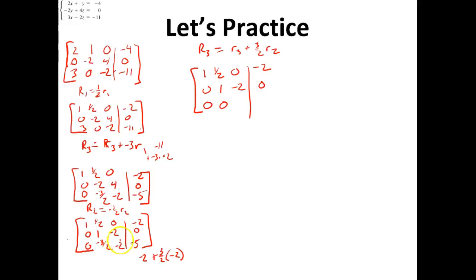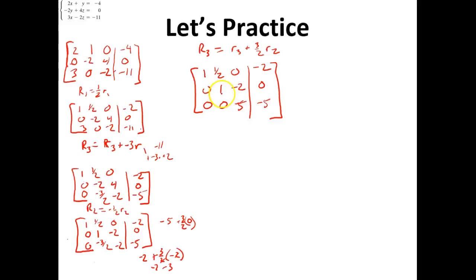So negative 2 plus 3/2 of this, which is negative 2, those 2's minus 3, so that's going to be a minus 5. And then here, negative 5, plus 3/2 of 0. Well, that's going to be negative 5 there too.